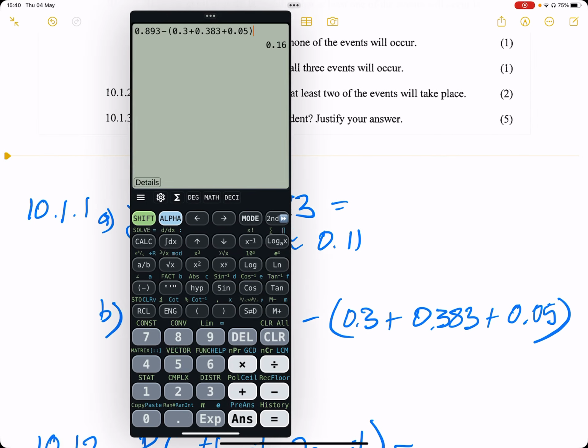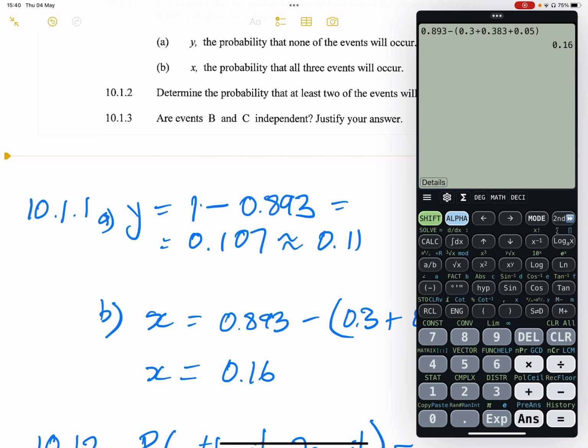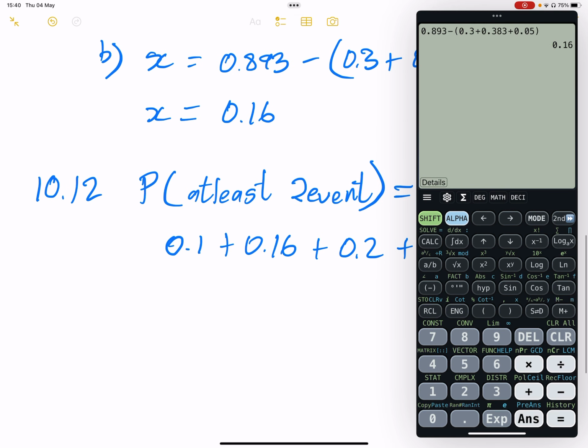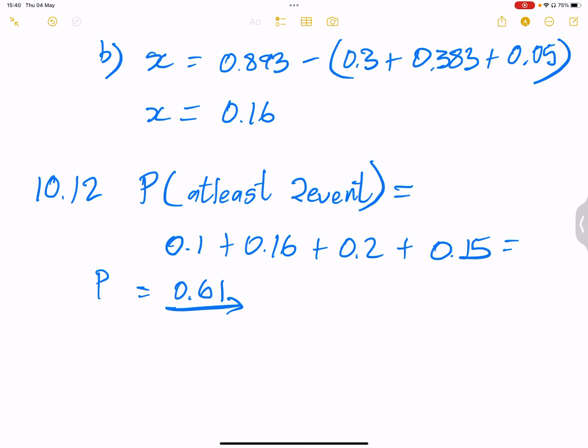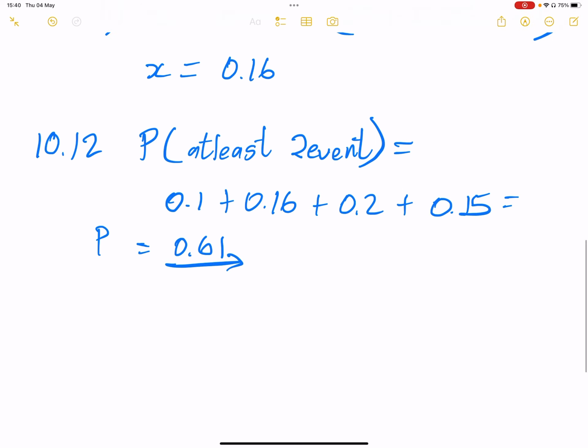Okay, let's see. So we already have that 0.16 plus 0.1 plus 0.2 plus 0.15. Okay, I get a value of 0.61. That is the probability that at least two events will take place.